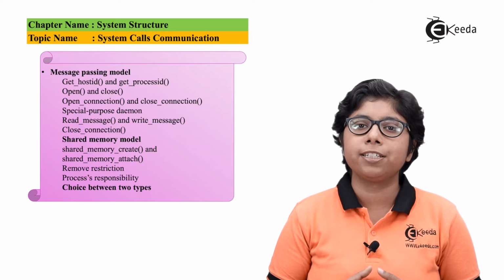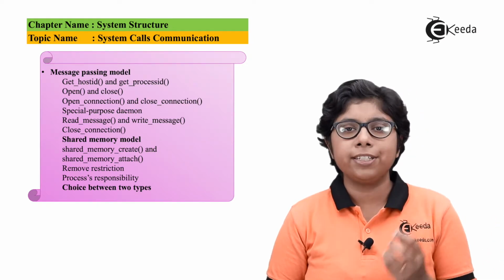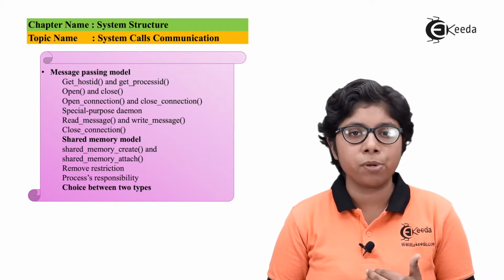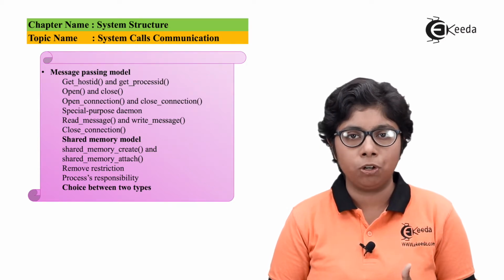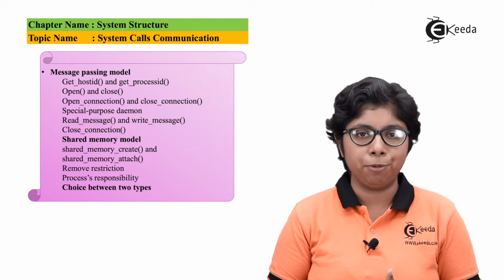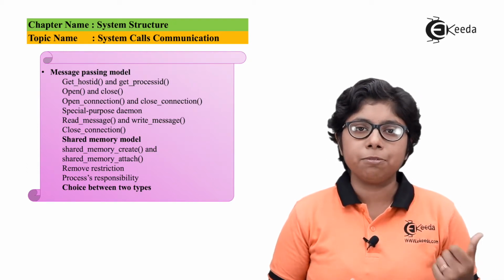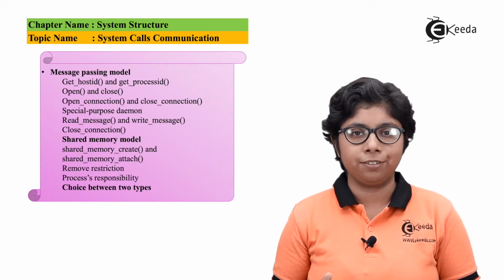The source is known as a client and the receiving end is known as a server, which may pass messages to each other with the read message and write message system calls. The messages are then passed to achieve this communication. After that, the close connection call terminates the communication.